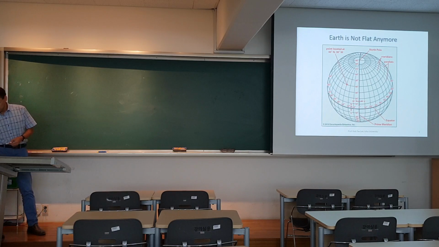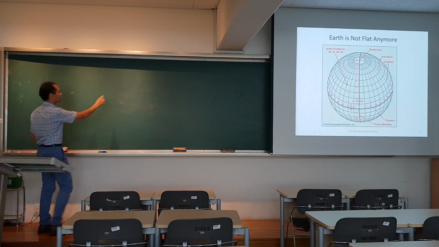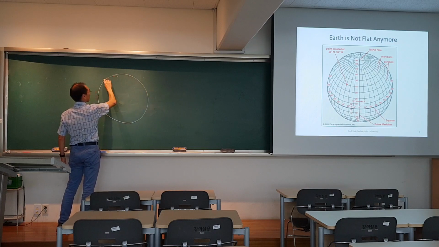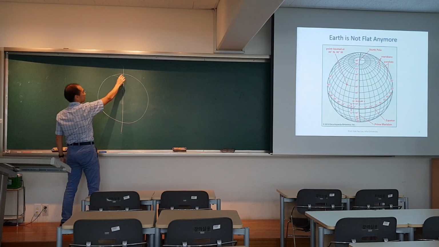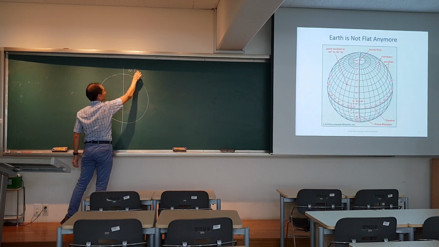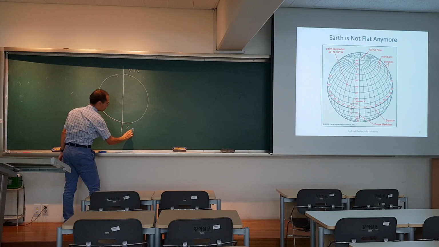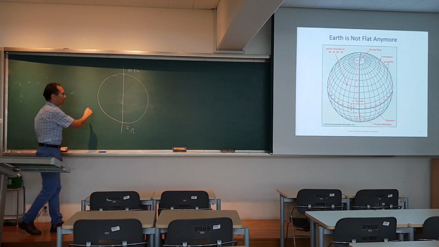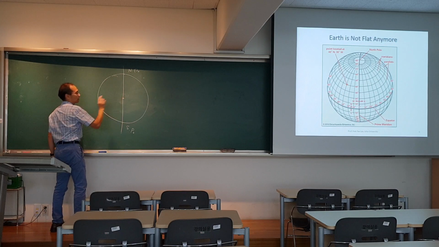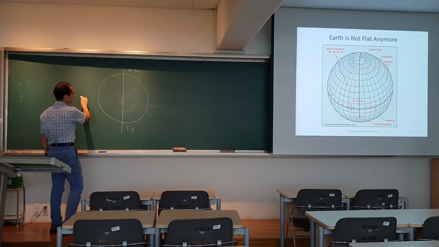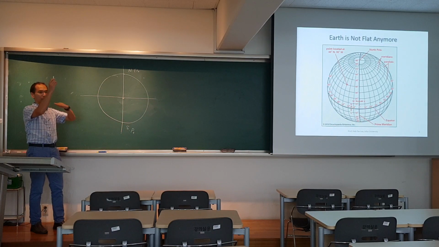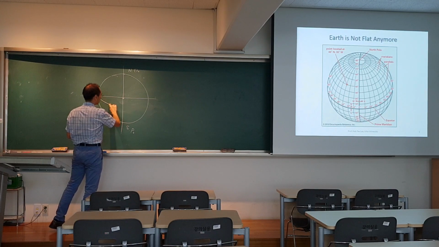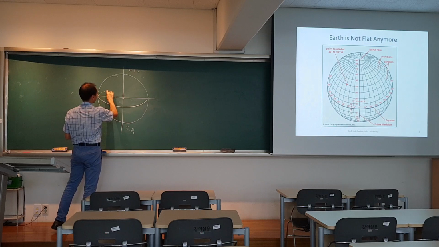So if you look at this picture, this is the Earth, and this is the rotational axis. Here, this is the North Pole, and this is the South Pole. Now, if you cut the center of the sphere along this plane, perpendicular to the rotational axis, there will be a big circle, like this.